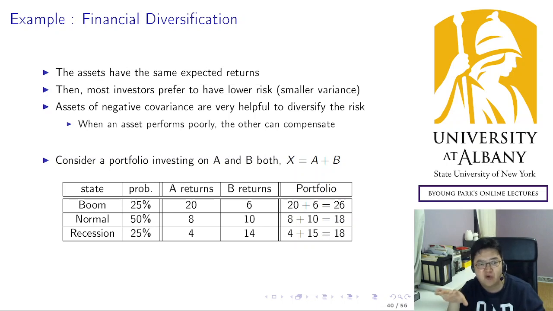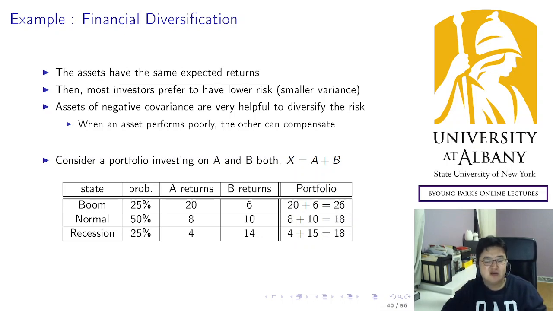When expected returns are the same, investors usually prefer the safer asset, which is asset B. But that's true when you have to choose only one of them. Now we are going to consider something beyond it. Why don't you just invest in both of them?